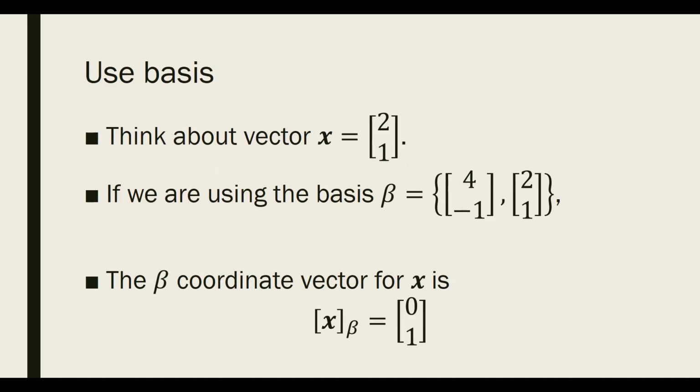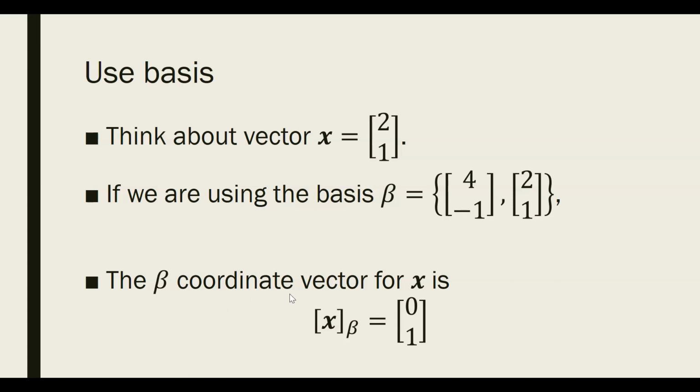All right. So we've dealt with this before. Think about a vector x, which we will call from R2 is (2, 1). And now we're going to use the basis (4, -1), (2, 1) as the basis I want to utilize.